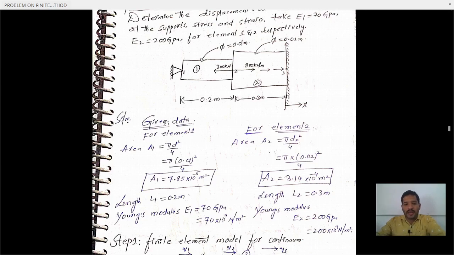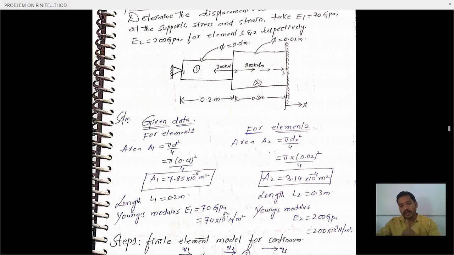So we know very well the length of the first element is 0.2 meter and the length of the second element is 0.3 meter, and the modulus of elasticity of the first material is 70 gigapascal. If you want to convert 70, 1 giga is nothing but 10 power of 9, and 1 pascal is equal to 1 newton per meter square.